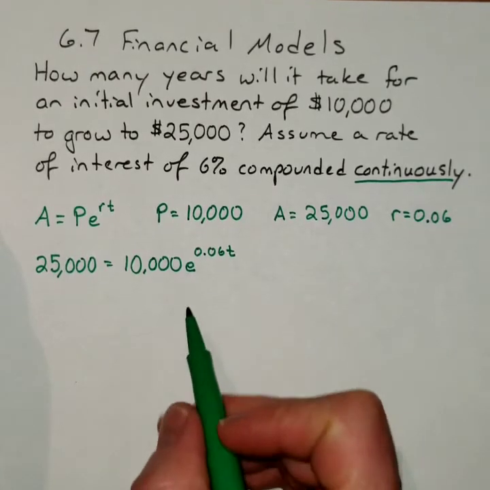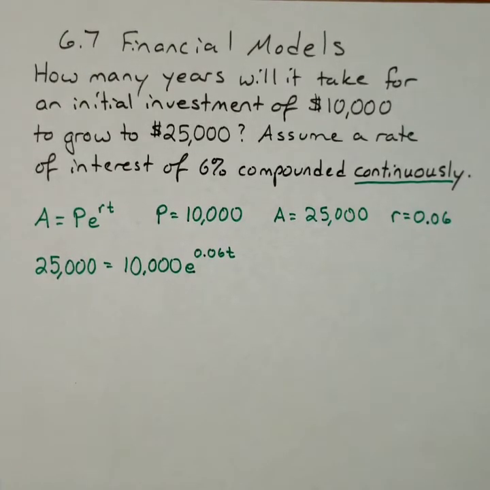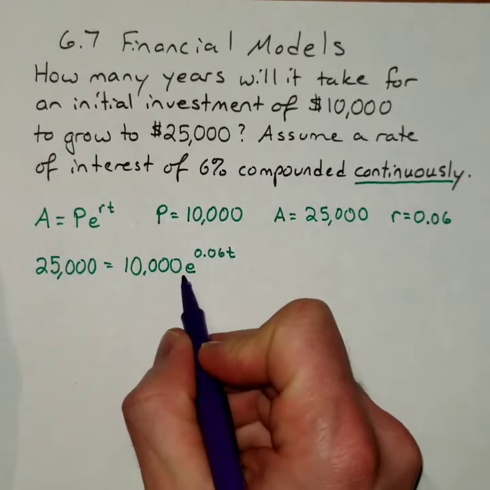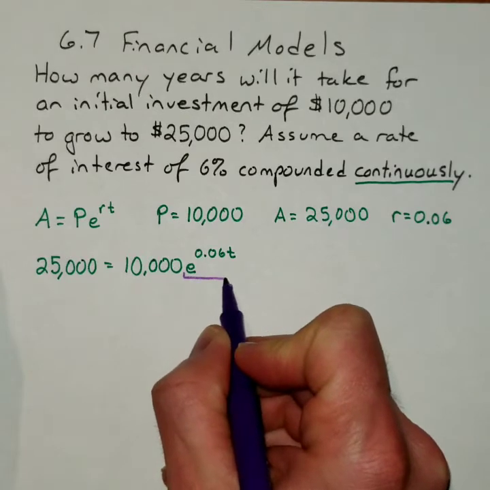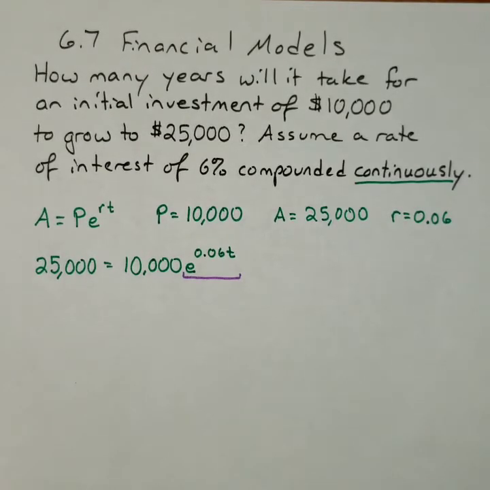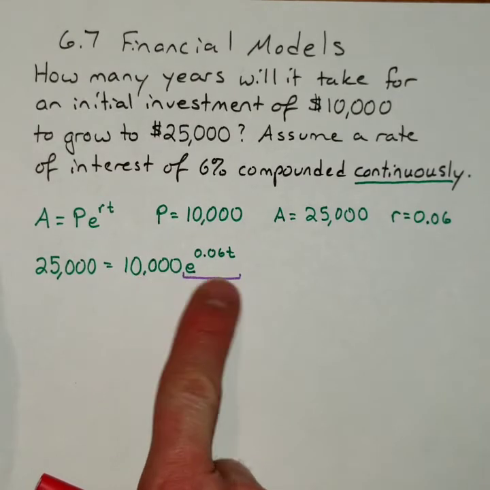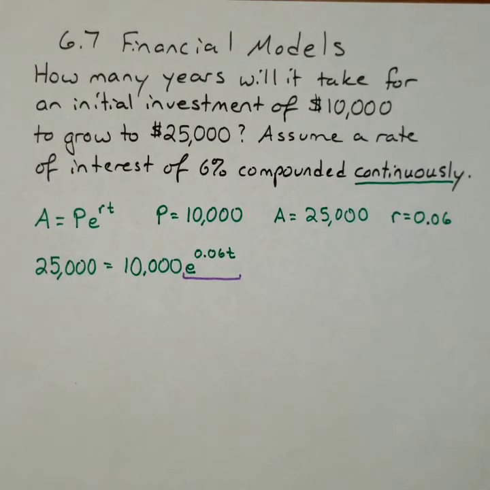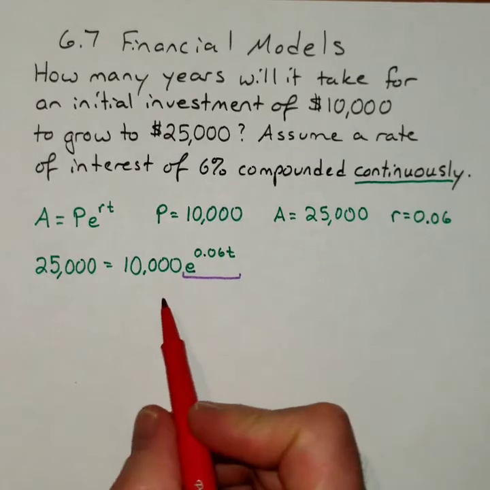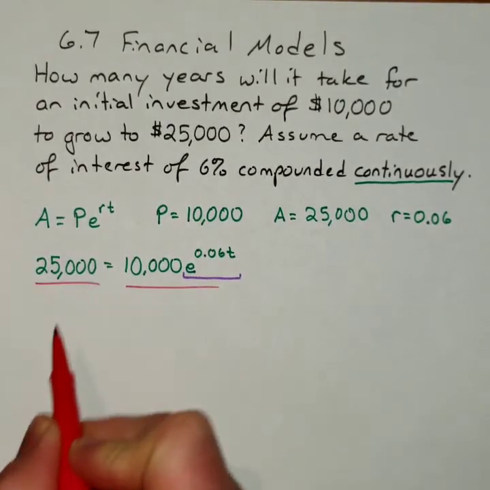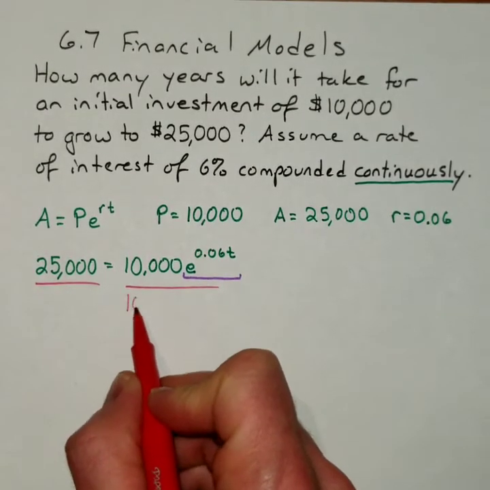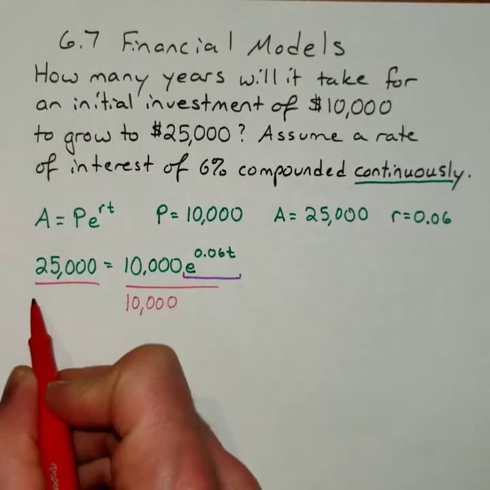And so to solve for that, what I need to do is actually isolate the exponential part, which is this e to a power. I have to isolate that portion of the equation, and to do that we're going to use division. We're going to divide out the 10,000 here, right? 10,000 is multiplying that exponential. So we're going to divide both sides of this equation by 10,000.